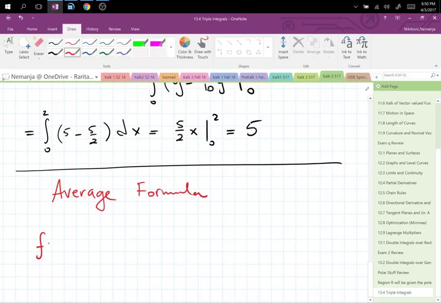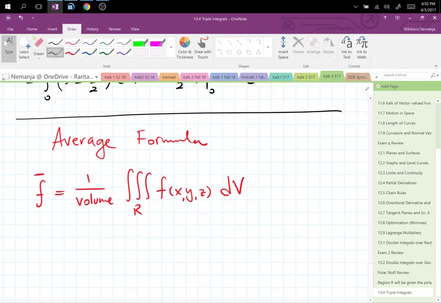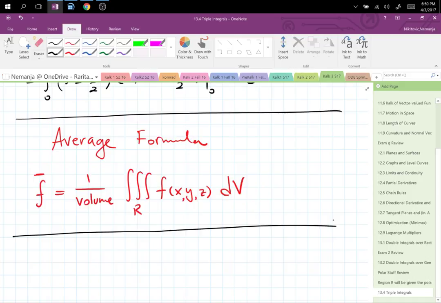So f average would be 1 divided by volume times the triple integral over region R of f of x, y, z dV. Guys, you've seen this formula for everything. Single integral, double integral, triple integral, no difference. Just have to be very cautious of the region.